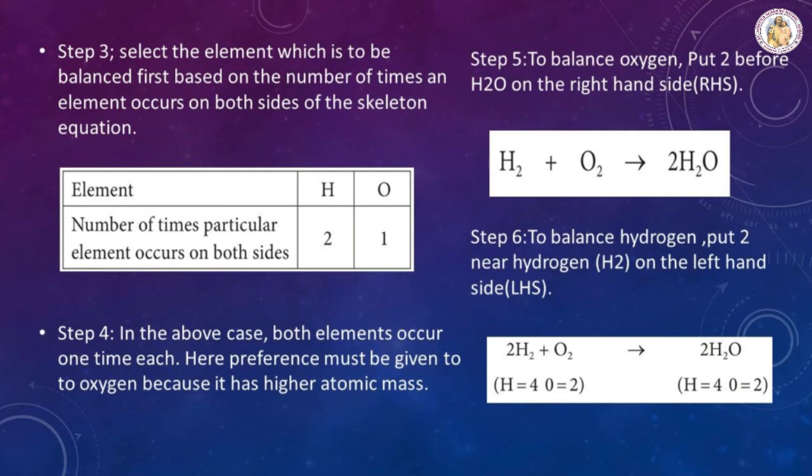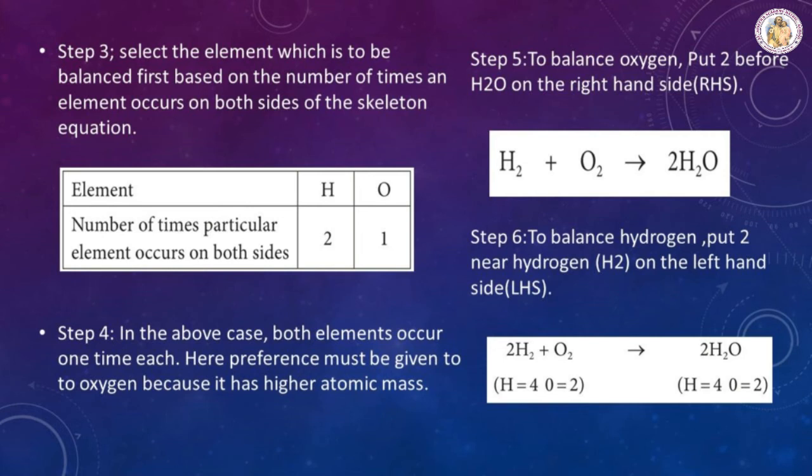On the left hand side it is 2 and on the right hand side it is 1. Next, in step 4, both elements occur one time each. So here the preference must be given to oxygen because it has higher atomic mass when compared to hydrogen. So we are going to balance the oxygen first.